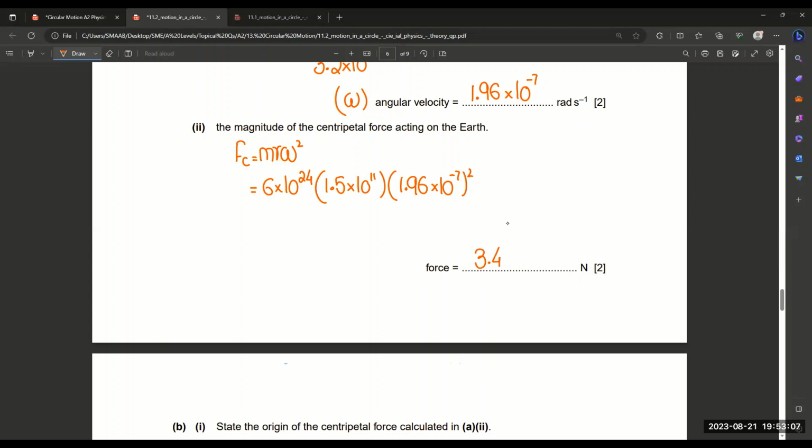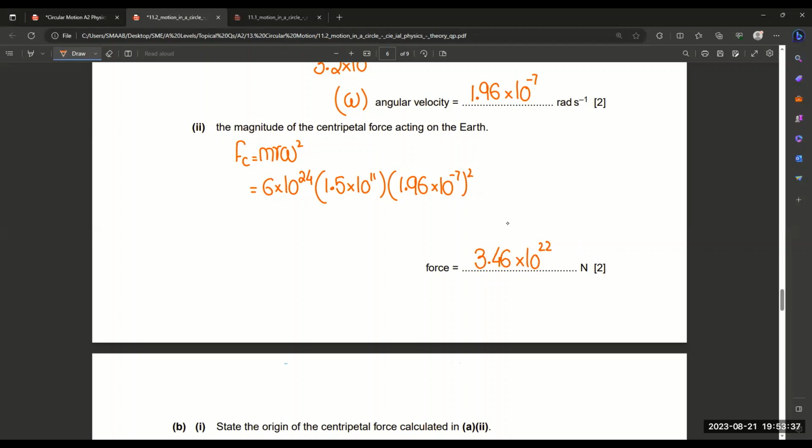So what you need to do is round off the value. 3.457, right? So we need to round off 5, so it will be 3.46 exponent 22 Newton. Okay, so this is the concept.